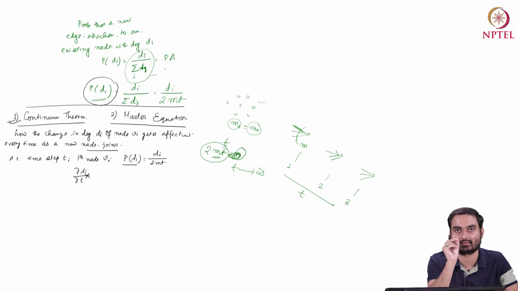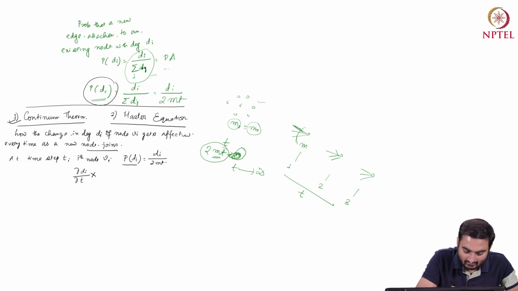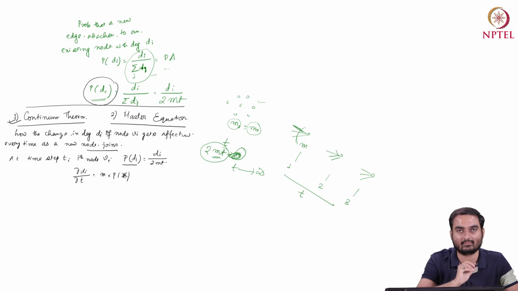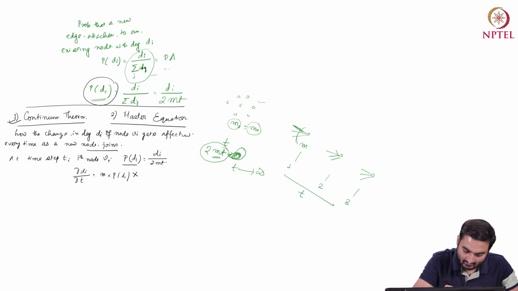Think about it, rate of change of degree di when m edges are coming in. So this is basically m times p di, because m number of edges are coming in, and each edge will join a node with degree di with probability p di. So what is the change of degree di? It is m times p of di, right. This is basically m times di by 2mt, which is di by 2t.